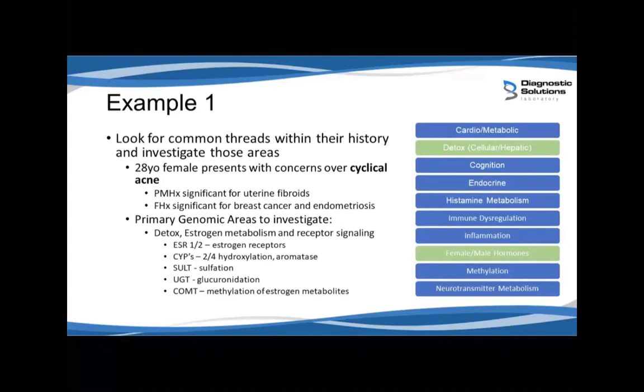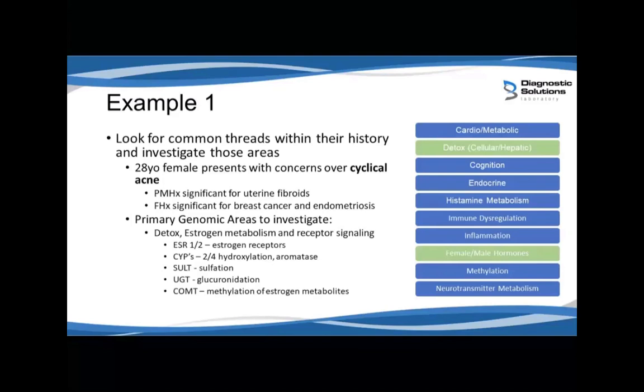Some of the main genes I would immediately think of, and these are listed together within Opus, are ESR1 and 2, the estrogen receptors 1 and 2. The CYPs, cytochrome P450, the ones that are involved in the 2,4-hydroxylation of estrogen, as well as aromatase. Sulfation genes, since sulfation is also a big part in terms of detoxifying estrogens appropriately, as well as glucuronidation.